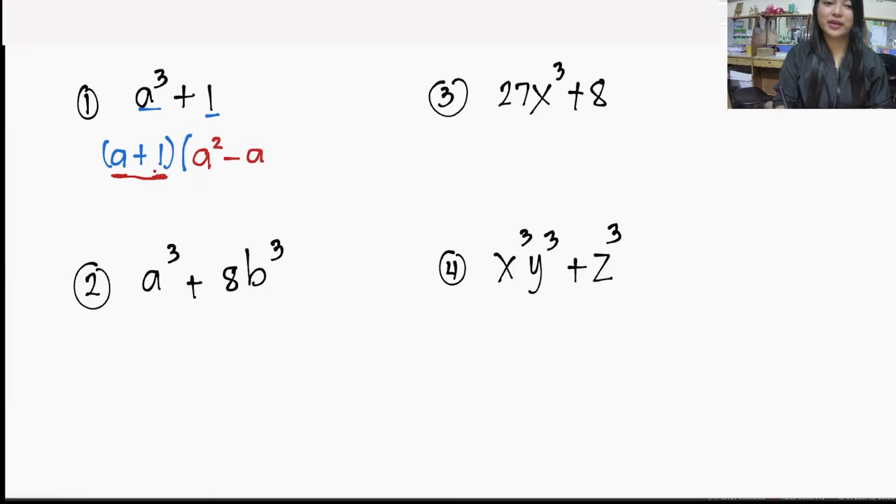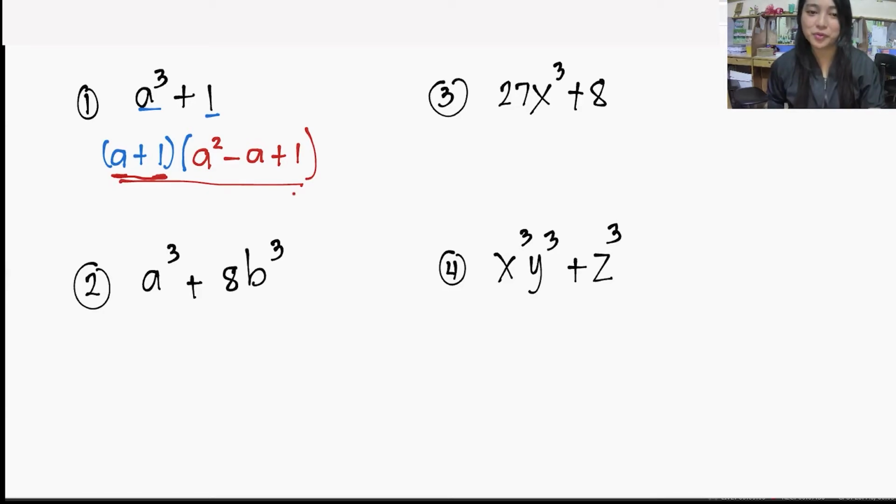Next, we are going to square the last term. So 1 times 1 would be positive 1. Alright, so this is our final answer. The factors of a cubed plus 1 would be the quantity a plus 1 times the quantity a squared minus a plus 1.